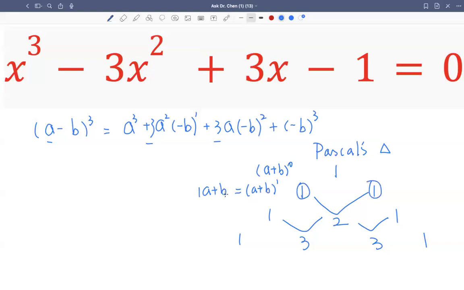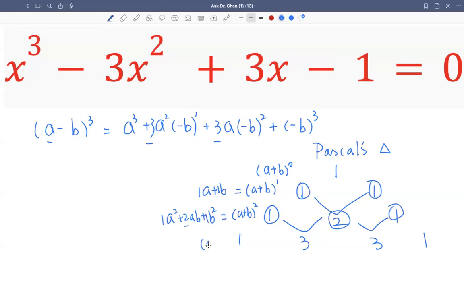This 1 is a coefficient for this. And this layer is (a plus b) raised to 2. That's a squared plus 2ab plus b squared. And this one is the coefficient of the first term, this one the second term, and this one the third term.